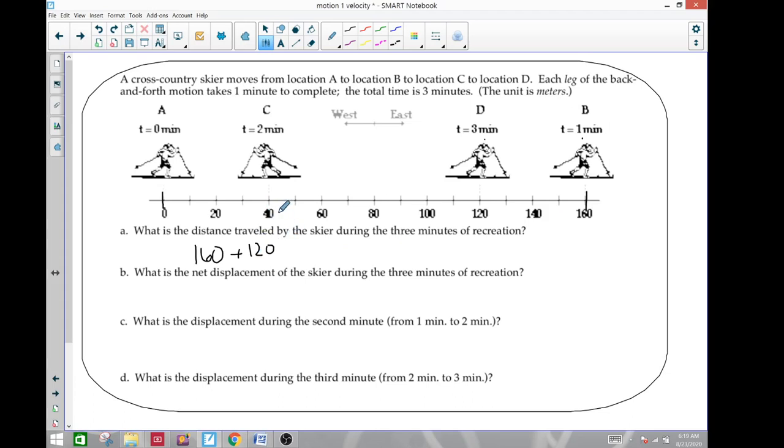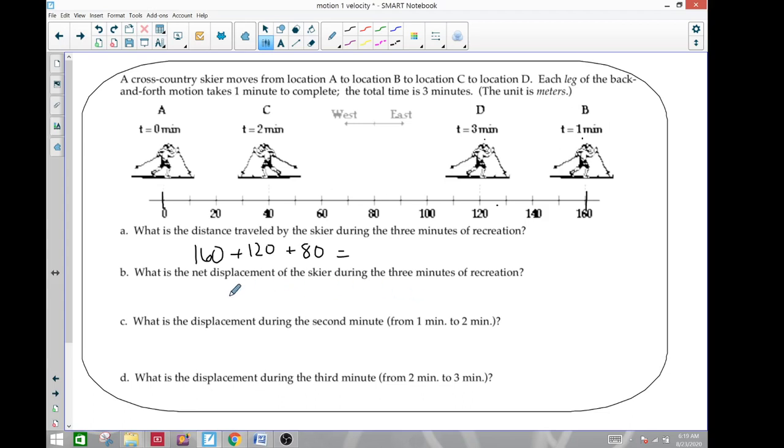Then back to, well, the first 3 minutes: 1 minute, 2 minutes, 3 minutes. We want to do a third minute. And then from 40 to 120, we can subtract those two numbers and we're going to get 80. I'll let you add those up.